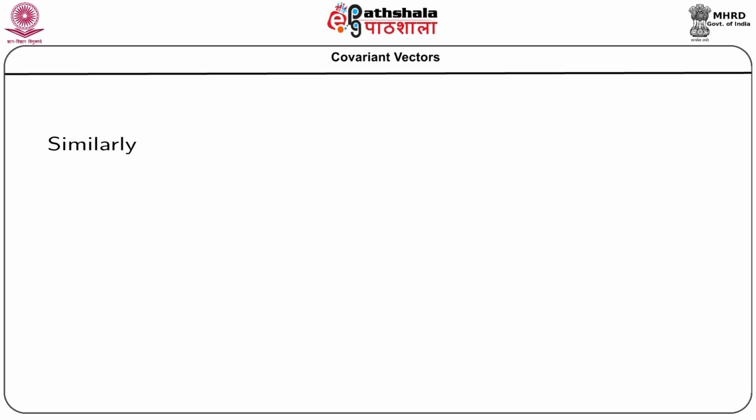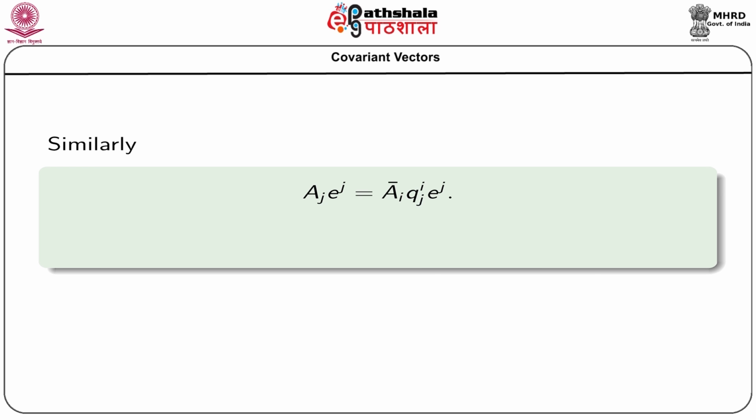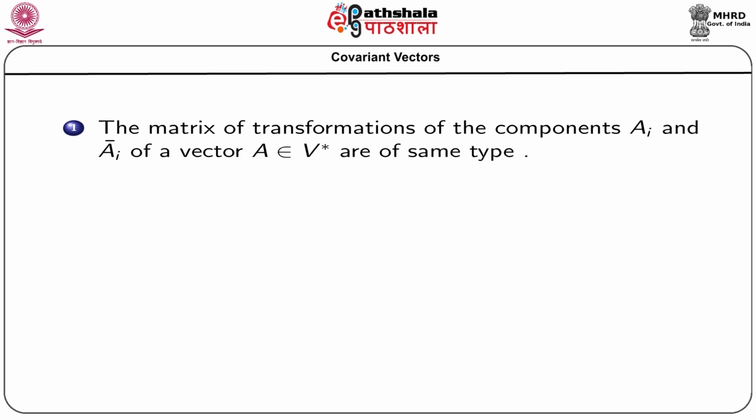Similarly, A_j E^j can be expressed as Ā_i Q^i_j E^j. So, that can be written as A_j equals Ā_i Q^i_j. So, here we can see that the matrices of transformation of the components A_i and Ā_i of a vector A belonging to V star are of the same type.